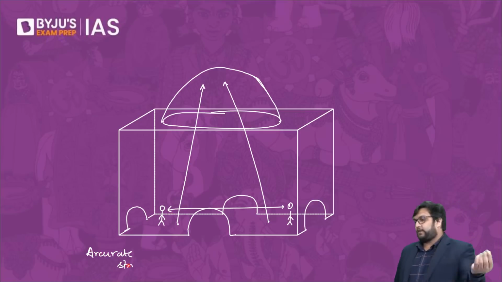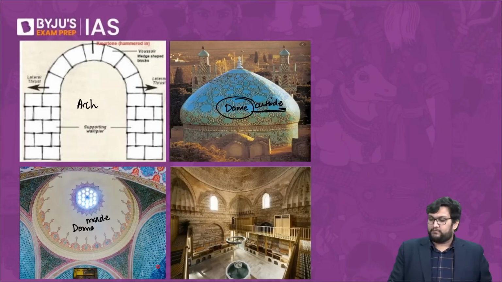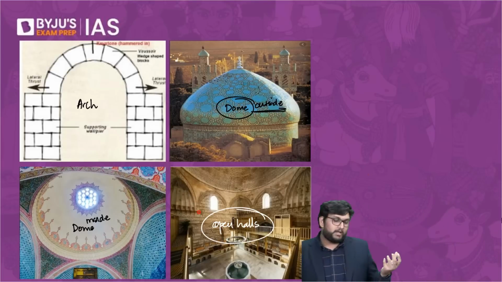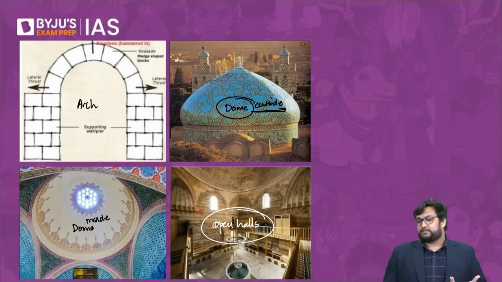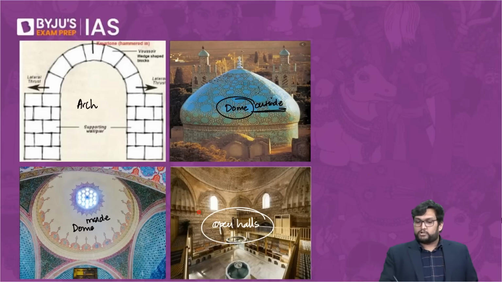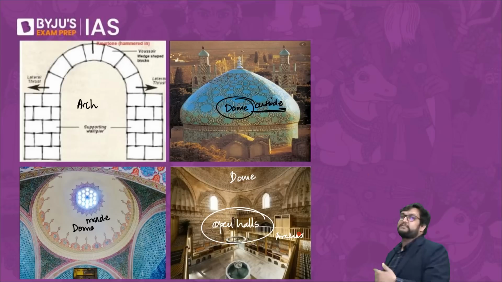See, open halls, open halls which are needed for madrasas, or for example in masjids where congregation happens. If you have too many pillars, it takes up space. So by adding a dome and arches, you can have an open hall with no pillars itself.